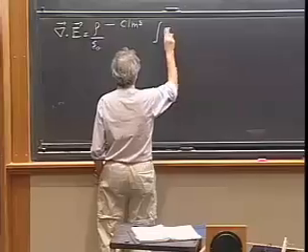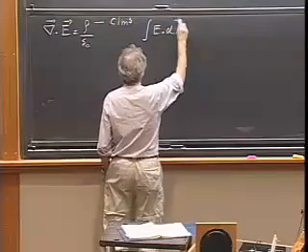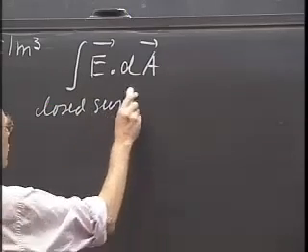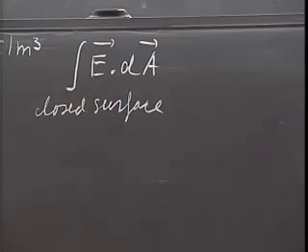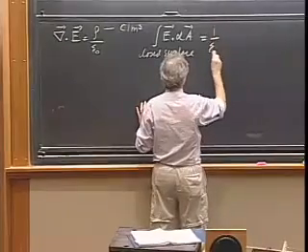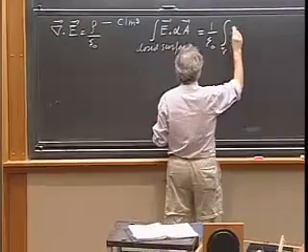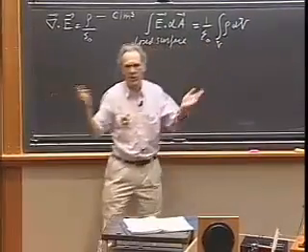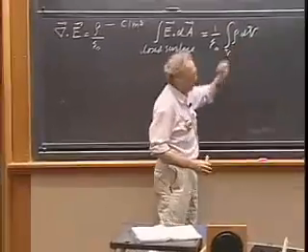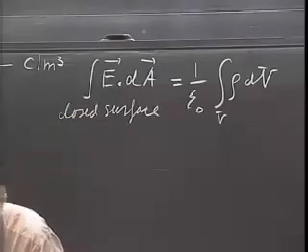I have the integral of E dot dA over a closed surface, and you'll see it at work very shortly. Closed surface, very essential. This is the electric flux that emerges from that surface. It's a dot product. This equals 1 over epsilon 0 times the volume integral of all the charge that is inside. You called that earlier Q inside divided by epsilon 0, but this is a more mature way of writing it.